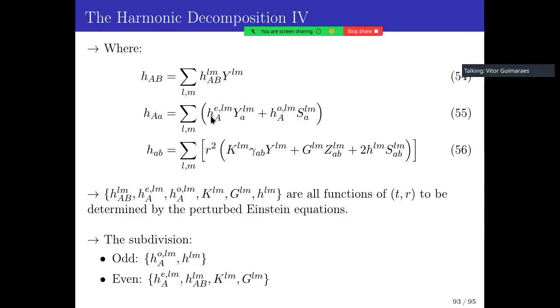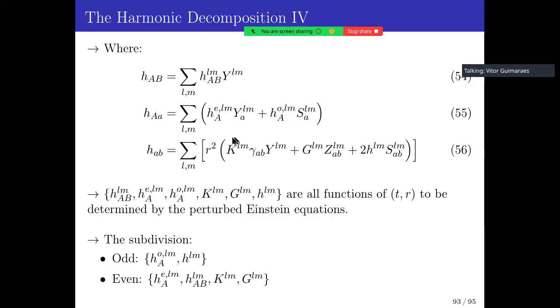So it's important to keep track of them. This is why we do the E and the O here. They stand for even and odd, okay? The l, m are the numbers for the spherical harmonics. So here we're going to have an even vector, and this would be the odd one, which is here.